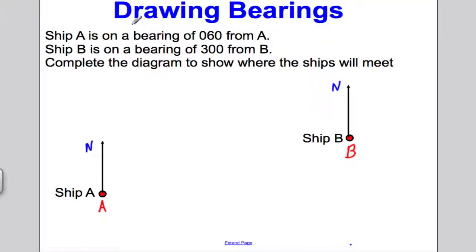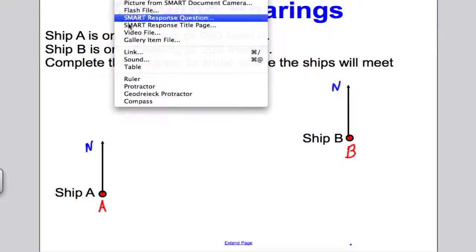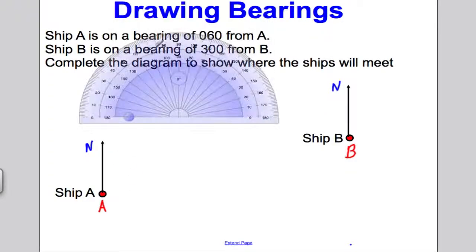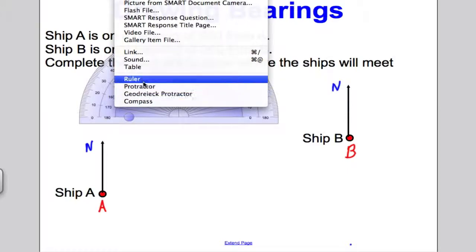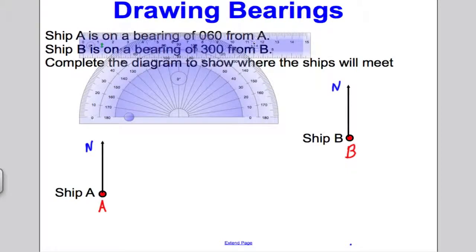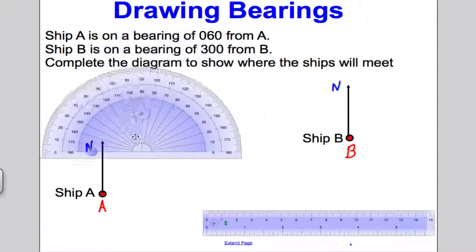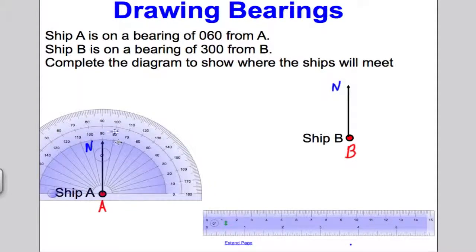Okay, you want to draw out the path that ship A is going on. It's going on a bearing of 060, so 60 degrees from the north. So get your protractor out, and you're going to need a ruler for this as well. Okay, so put the ruler down here. You want to measure 60 degrees from here.